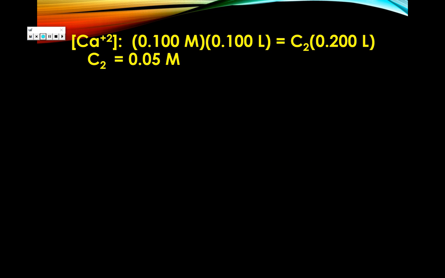Okay, so for calcium, its initial concentration was 0.1 and we had 100 milliliters. If we change the volume to 200, what's the new concentration going to be? So 0.1 times 0.1 divided by 0.2 is 0.05. Usually in grade 11, I make you change the milliliters to liters when you do this calculation.